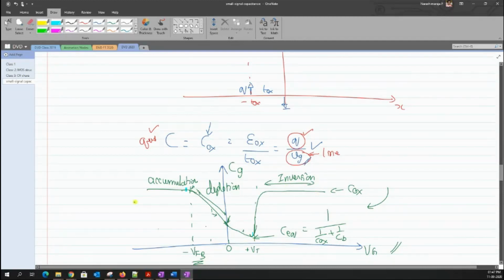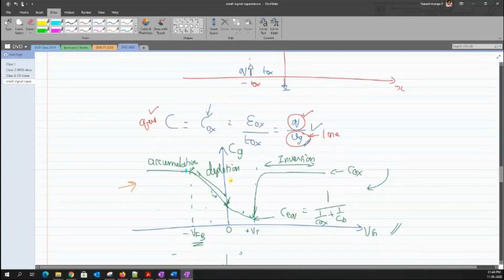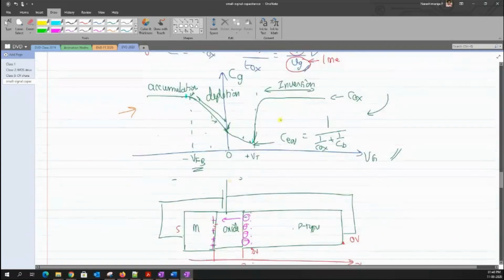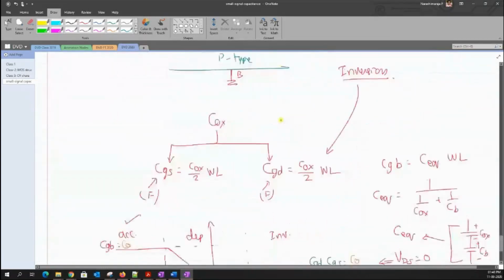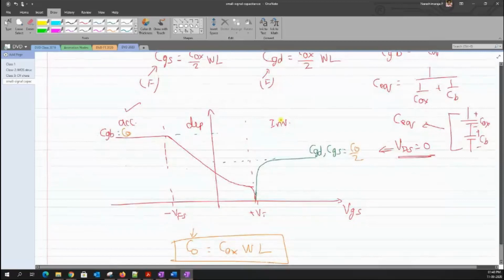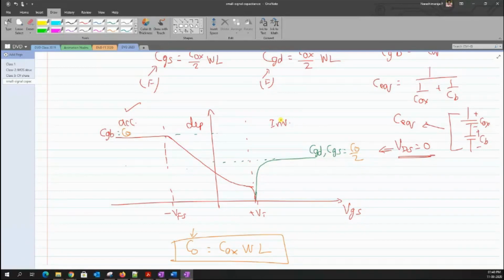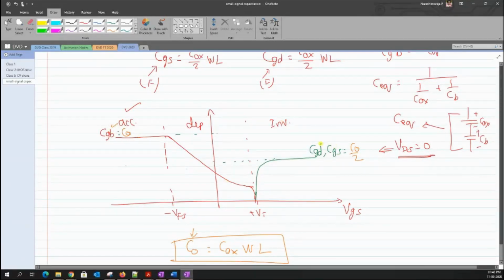There was no common ground when I plotted this graph. But here we are trying to deal with electrical circuits, and that needs some sort of reference potential. So this was the graph that was mapped with respect to some common potential, either across the body or across the source and the drain.